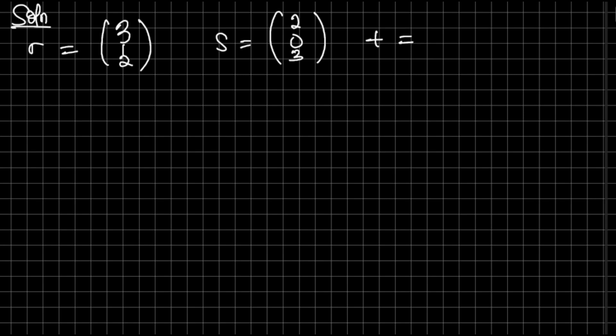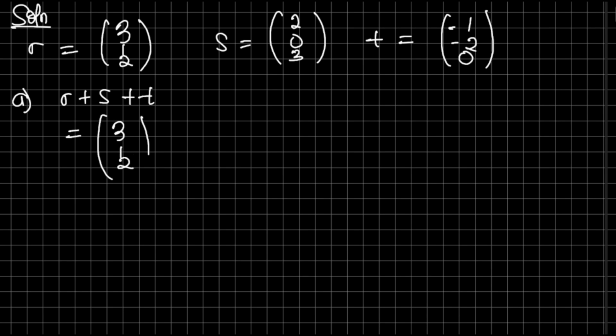Vector T equals (-1, -2, 0). Then for part A we have R plus S plus T.